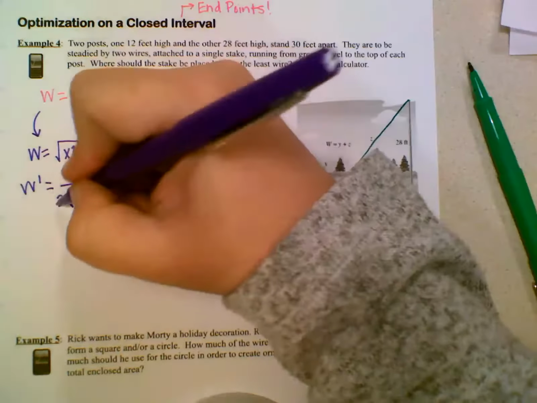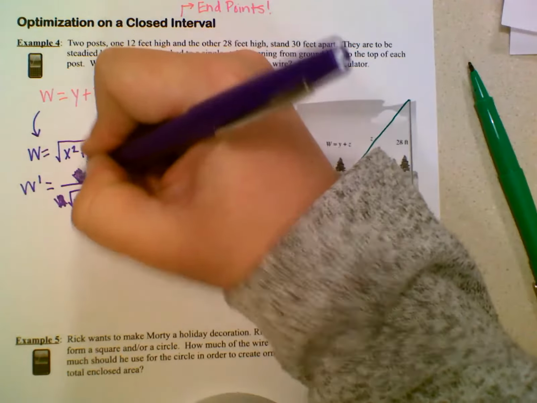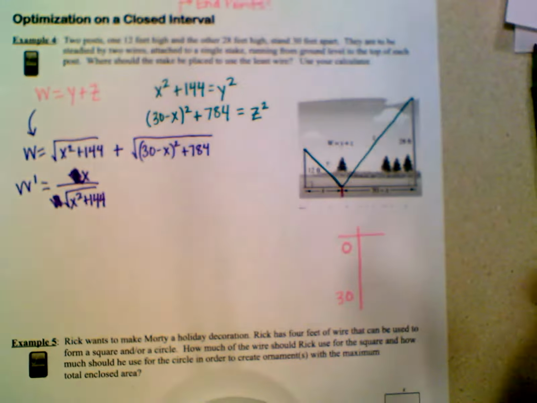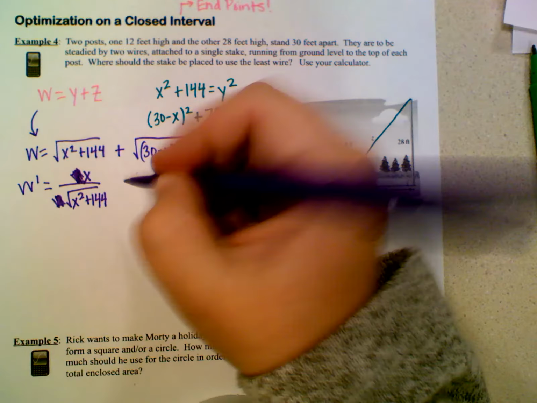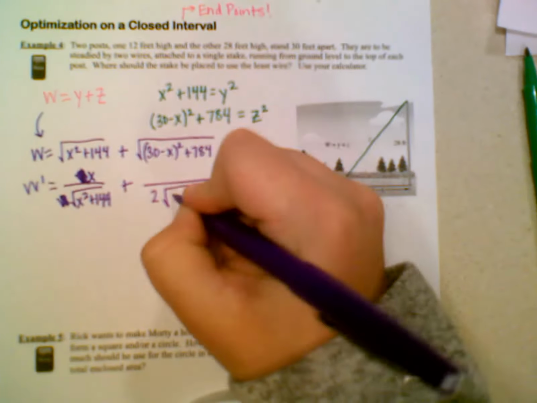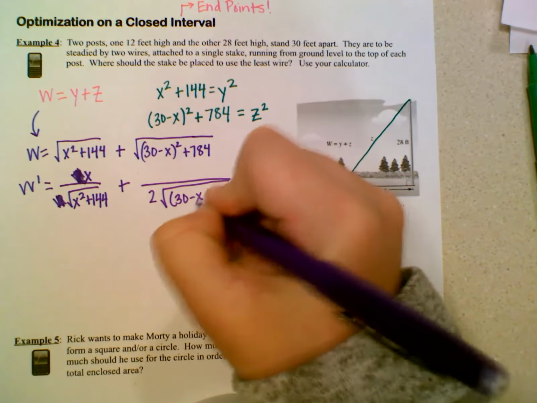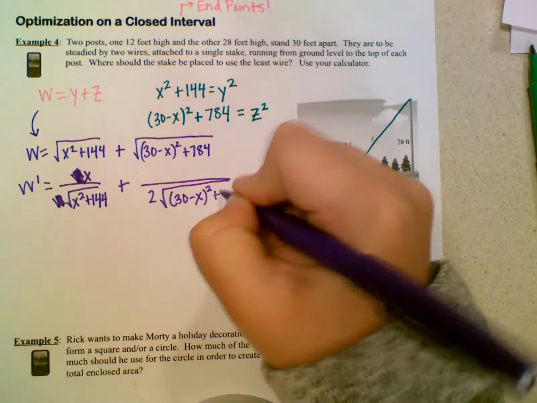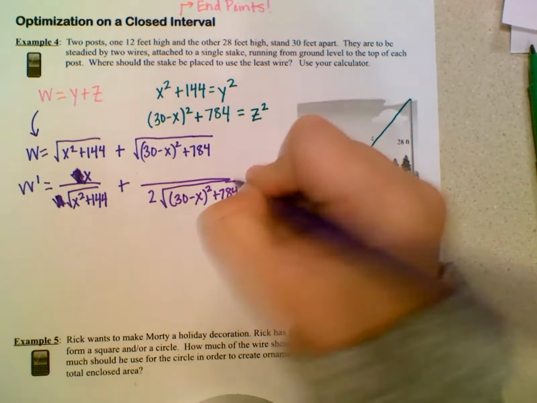And then if you want, you can get fancy and simplify the 2's, so simplify to just x over the square root of x squared plus 144. And then plus this square root, so it'll be 1 over 2 square roots of 30 minus x squared plus 784.